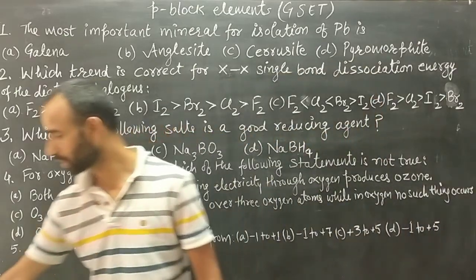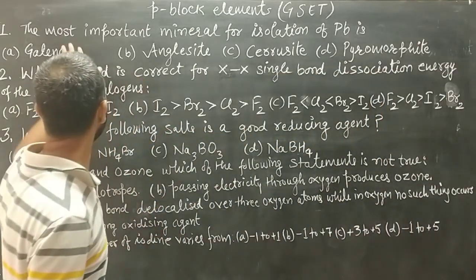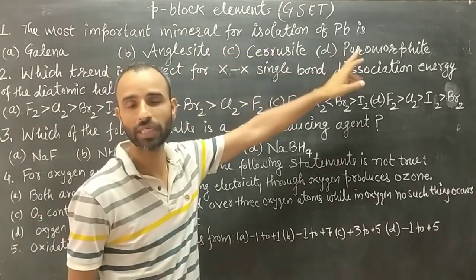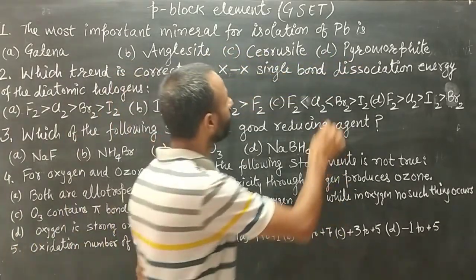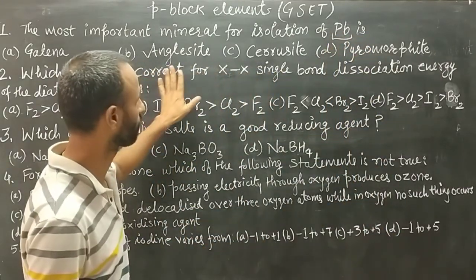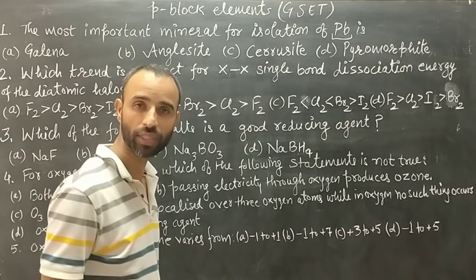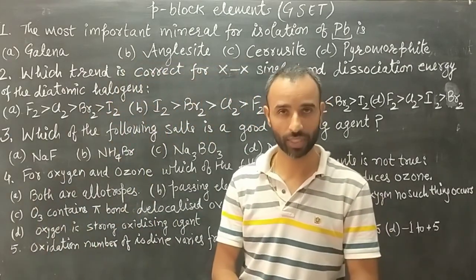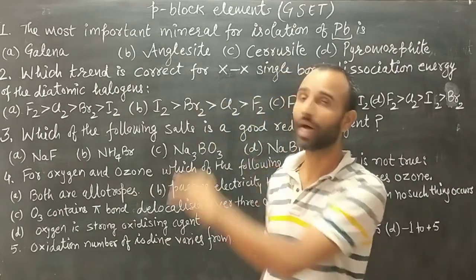So first question is, the most important mineral for isolation of Pb is, lead के लिए most important mineral from which it can be isolated, means which ore is most important for isolation.